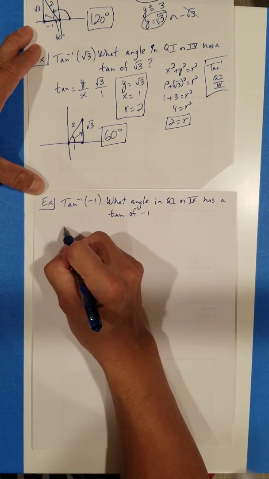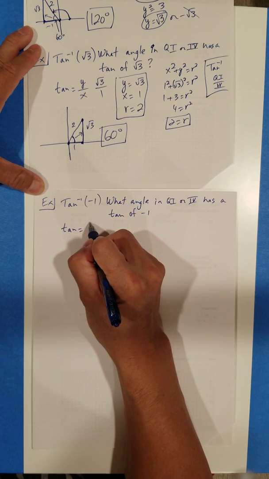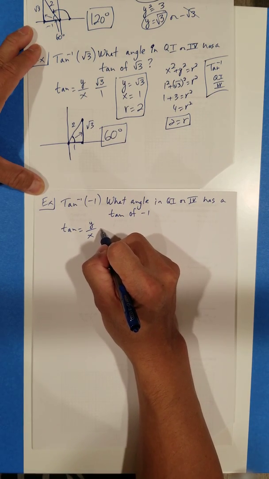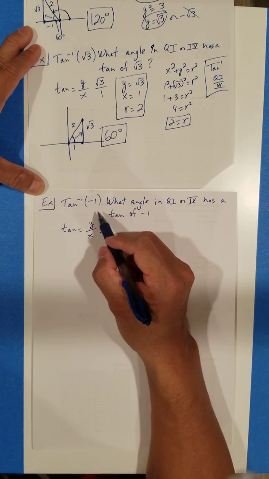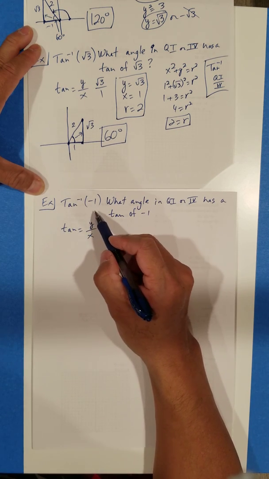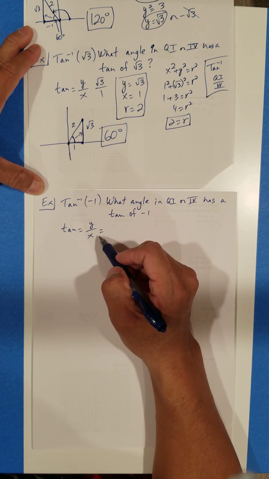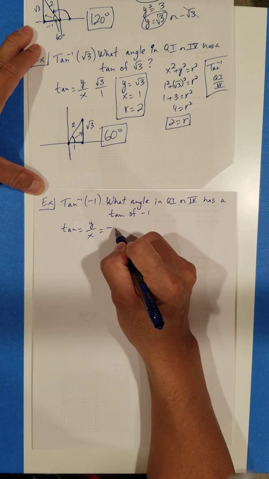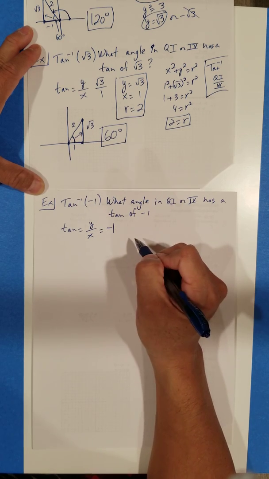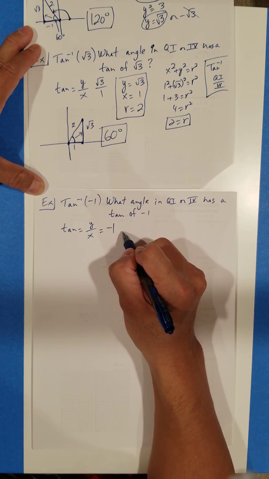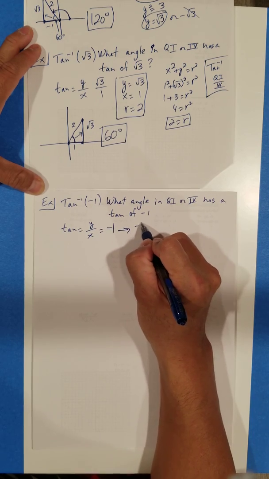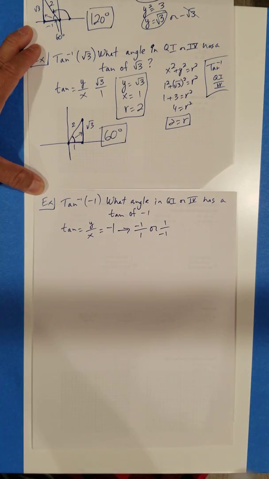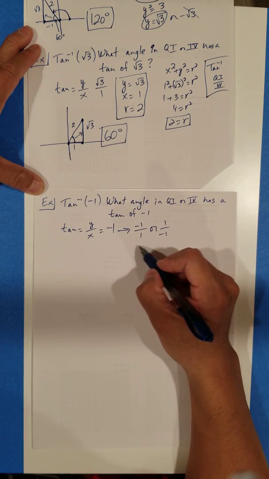So again, you remember tangent is equal to y over x. That means y over x must equal -1, so we're gonna make that a fraction. Now, -1 as a fraction could be -1 over 1 or 1 over -1. Now, we have to decide.